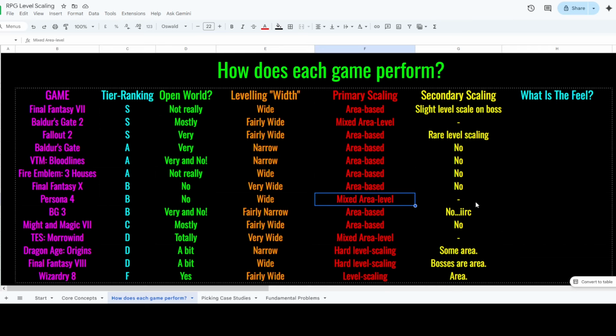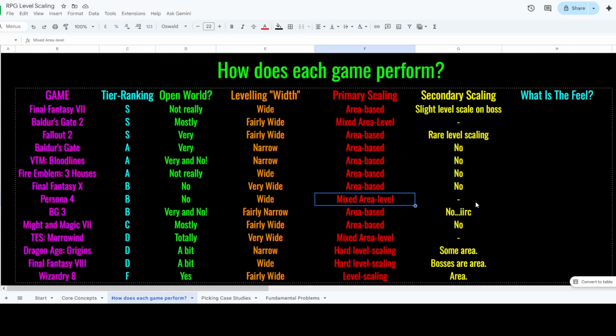Persona 4 is an interesting one, and I think I've picked this as one of our other ones to look at. Because Persona 4, as I understand it, has area scaling, but the enemies within each area will scale up to a point to your level.